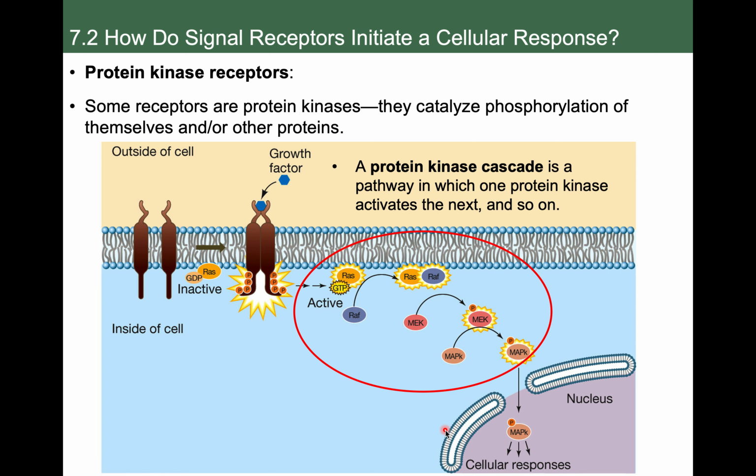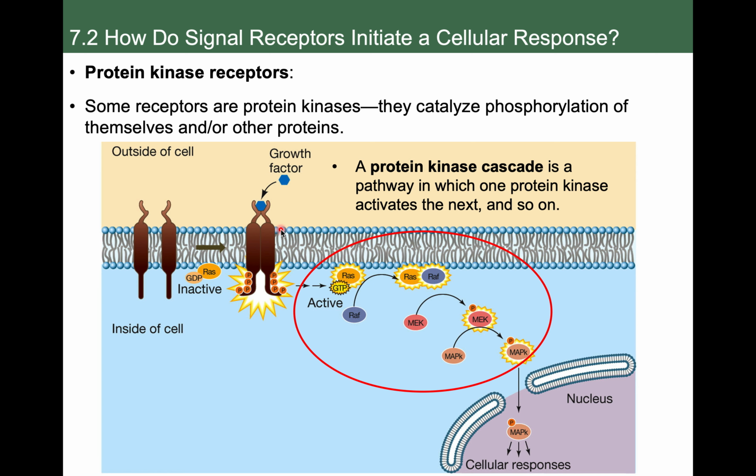The second common type of receptor, what are called the protein kinase receptors. And protein kinases are enzymes that are capable of phosphorylating other molecules. So in this case, the receptor is actually a protein kinase enzyme.